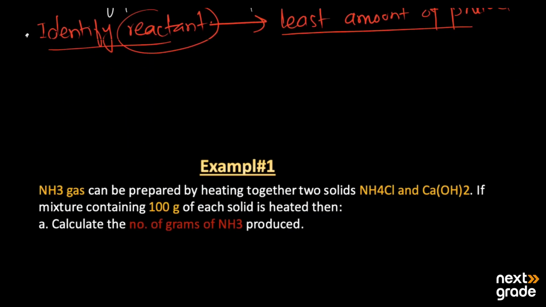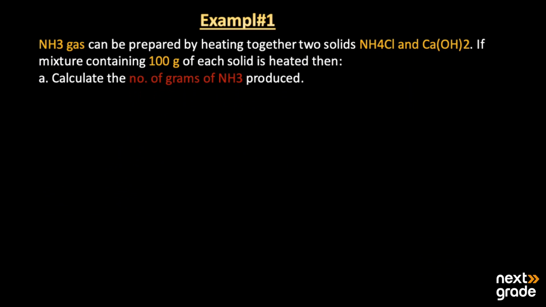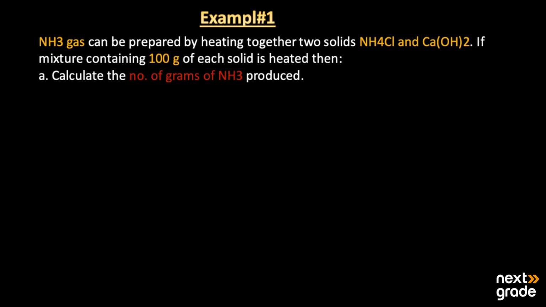So let's have a look at an example for the identification of the limiting reactant. Here we have ammonia gas, that is NH3 gas. It can be prepared by heating together two solids: ammonium chloride, NH4Cl, and calcium hydroxide, Ca(OH)2.